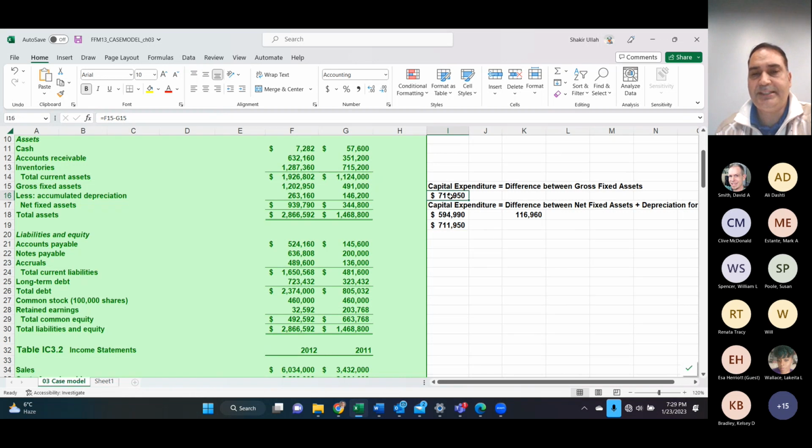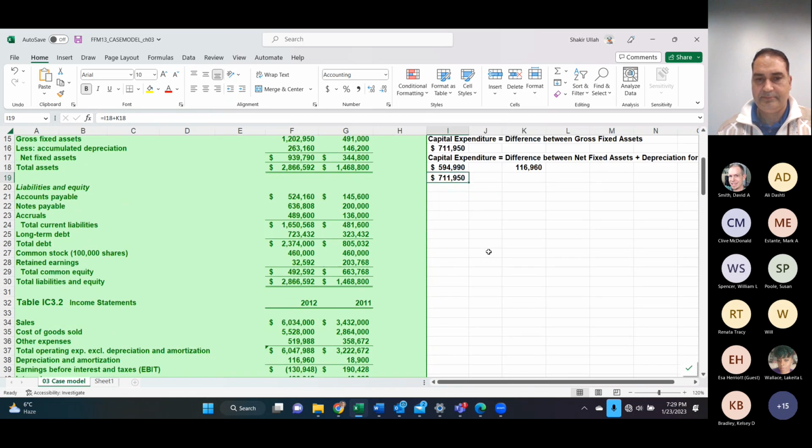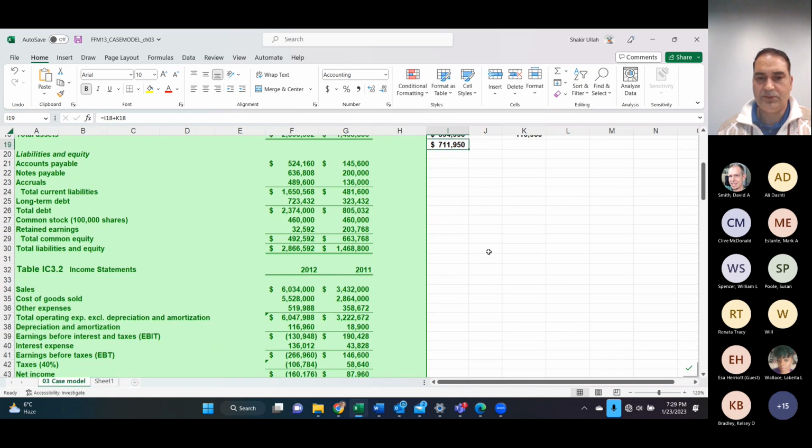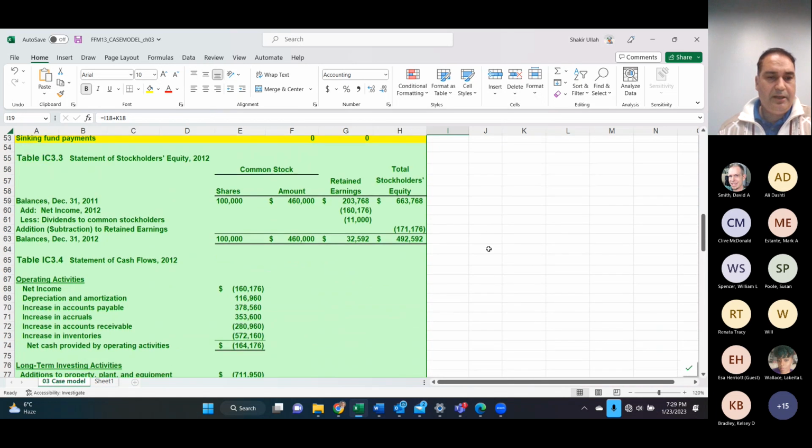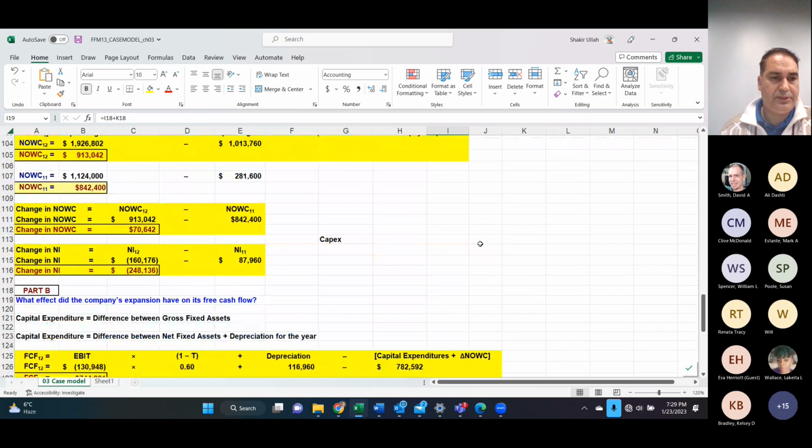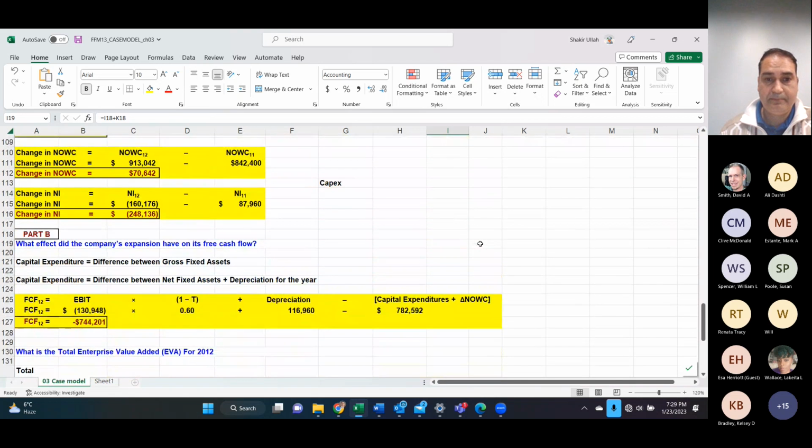And basically what that represents is the total money invested in long-term assets. Any question on that? All right, all good. Then we go to see what we do next.